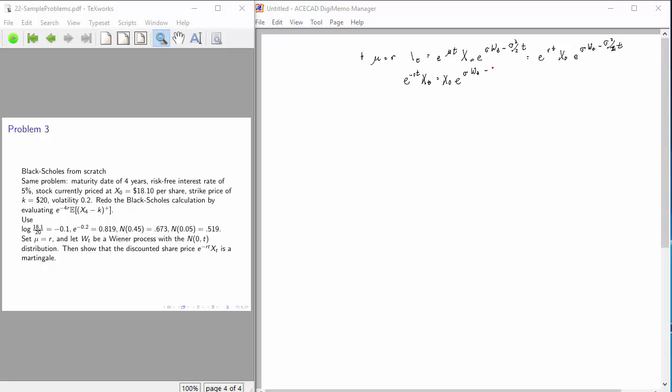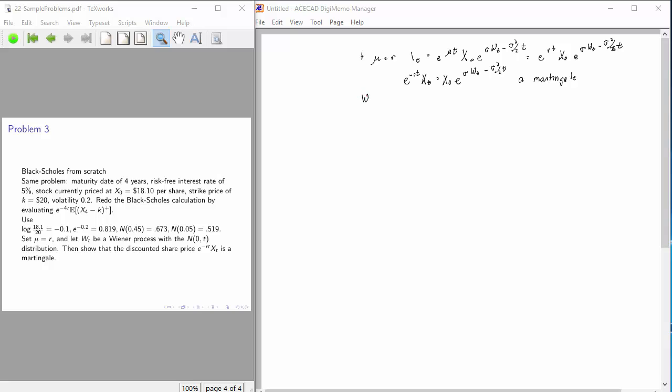That's a random variable, minus sigma squared over 2 times t. That's a constant, and what we know is that this is a martingale. So the discounted price is a martingale if you have a non-zero interest rate.